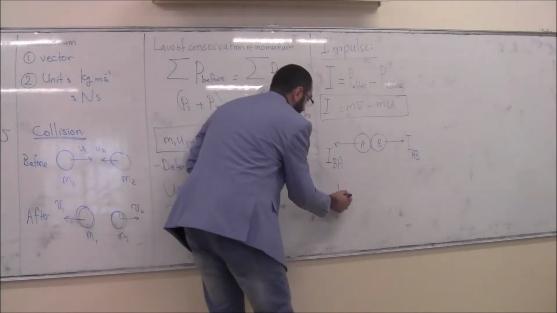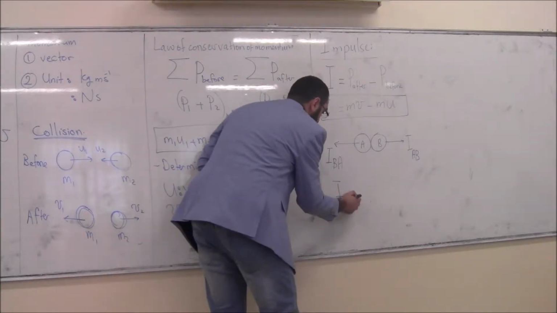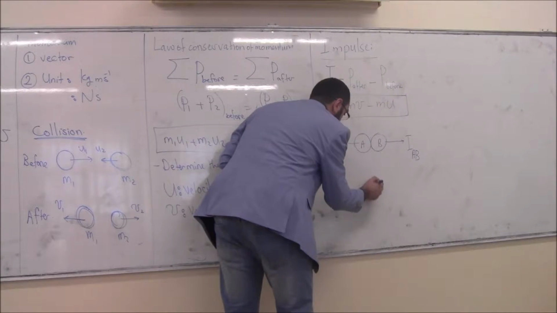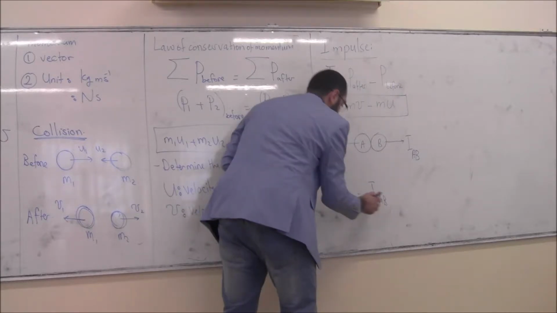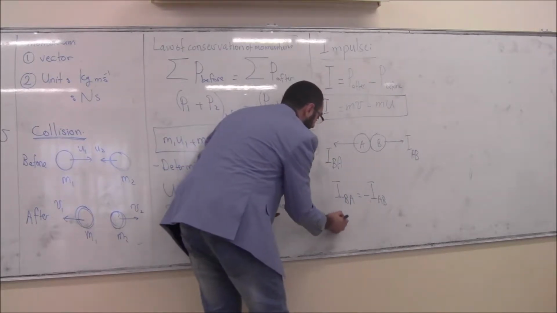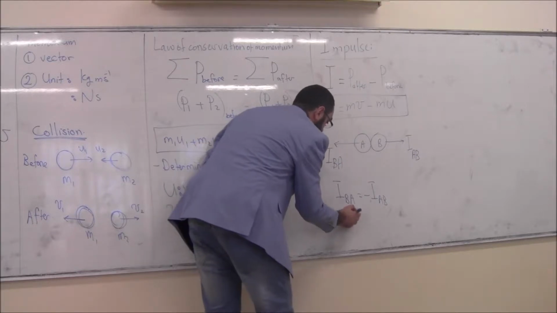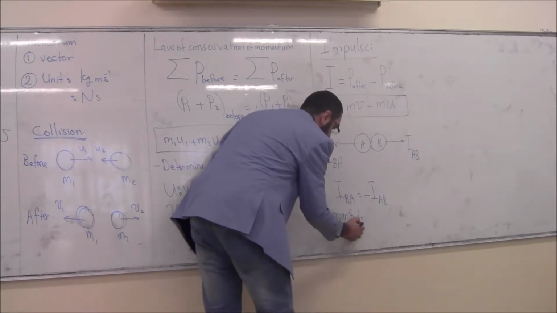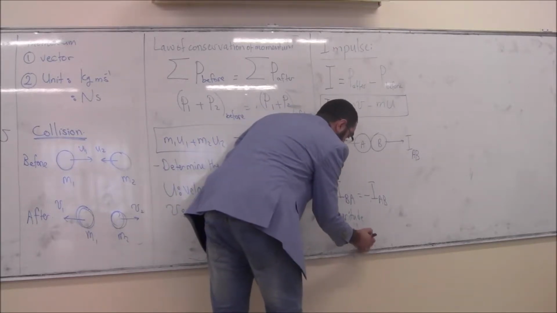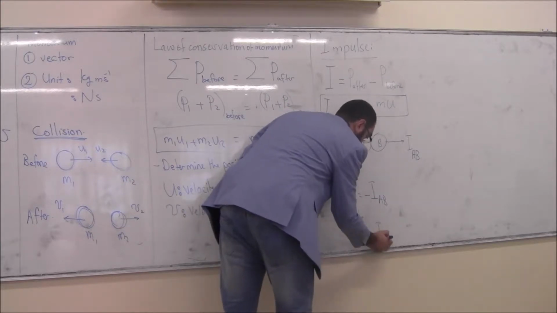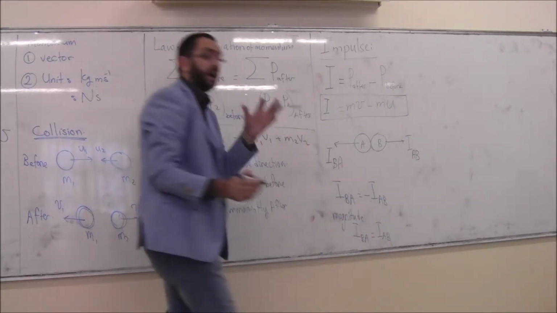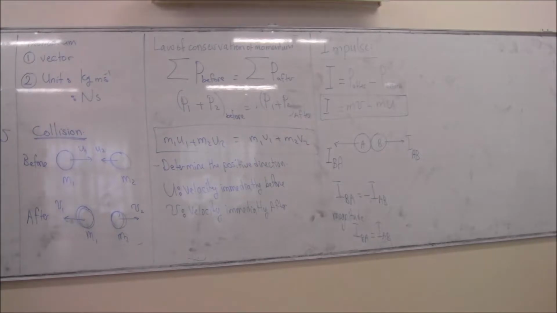So IBA equals minus IAB. As magnitude, IBA equals IAB. Clear? Any question?